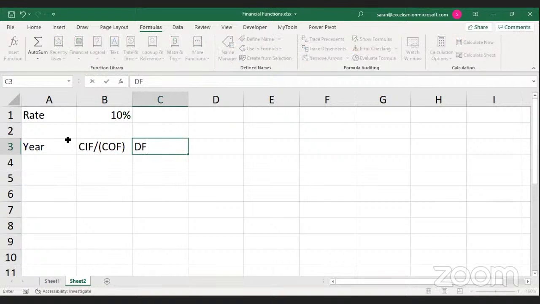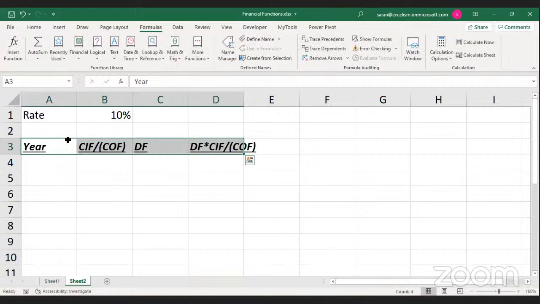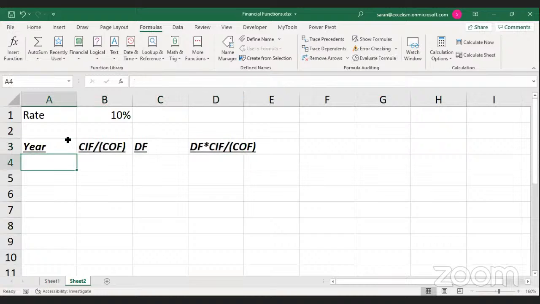Then you can take the discounting factor. Then you can multiply the discounting factor with the cash inflow or cash outflow. This is what manually we do. First, let us try to understand how this concept works manually. Let's take the first year, let's take 1, 2, 3, 4.